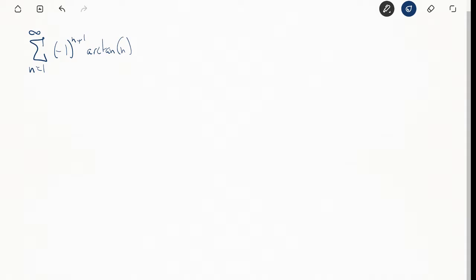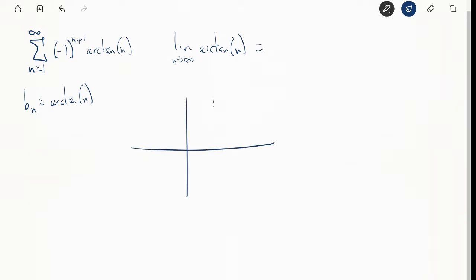Okay, so if I take a look at b sub n equals arctangent of n, that means when we look at the limit as n goes to infinity of arctangent of n, now you may or may not remember this one. So first off, I'll draw a tangent. That's pi over 2, that's negative pi over 2. And you repeat this, but this is y equals tangent of x.